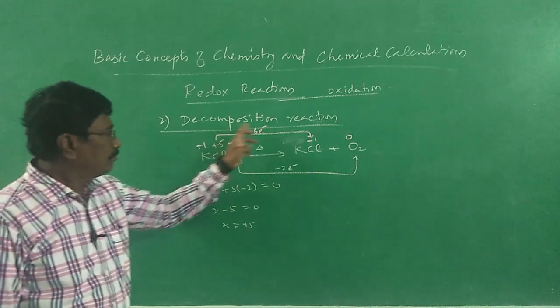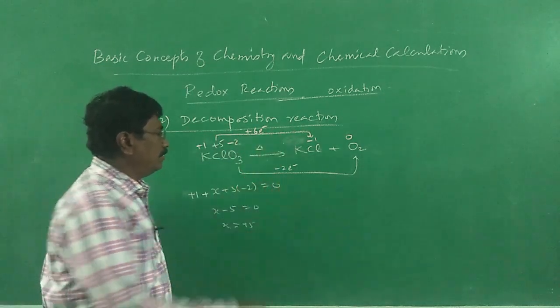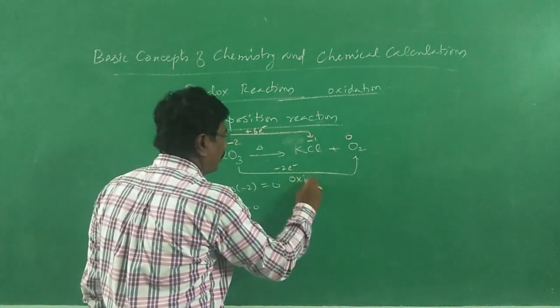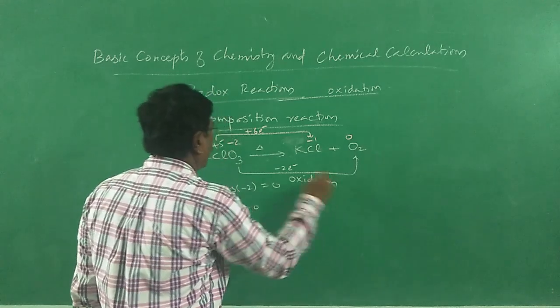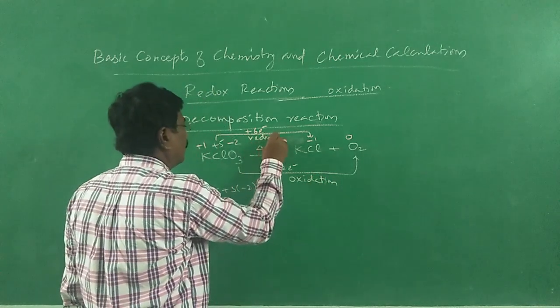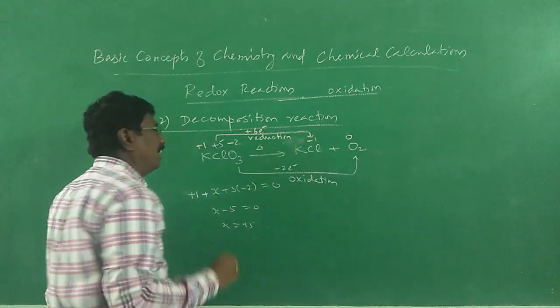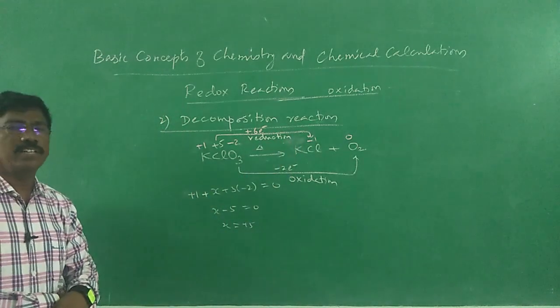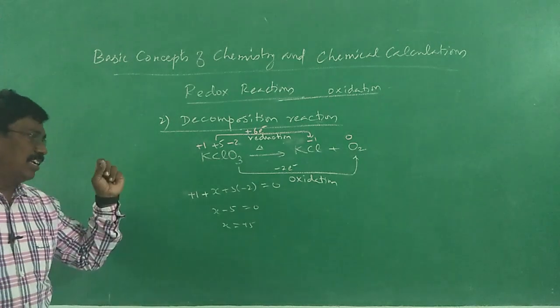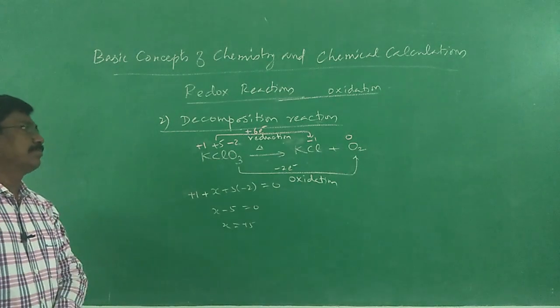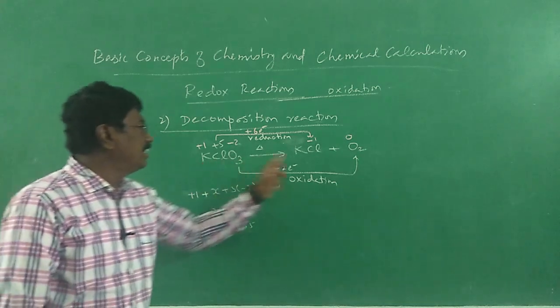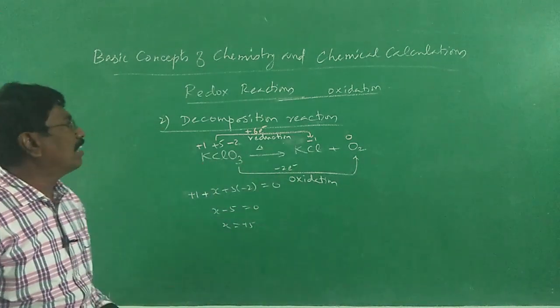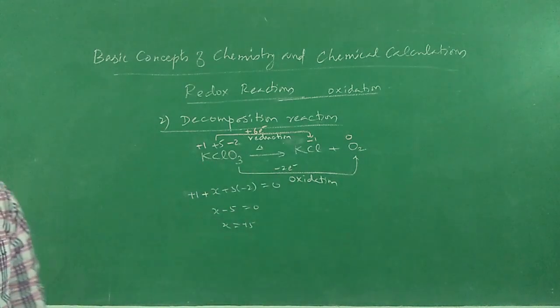Oxidation here because of loss of electrons, reduction here because of gain of electrons. So any reaction involving oxidation and reduction simultaneously, we call a redox reaction. And since it involves decomposition of a compound, we call it a decomposition reaction.